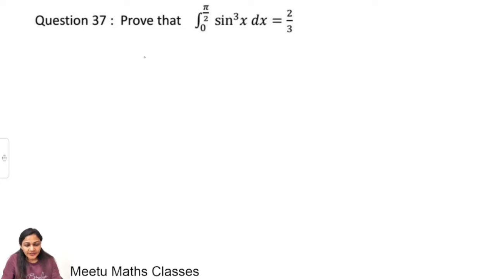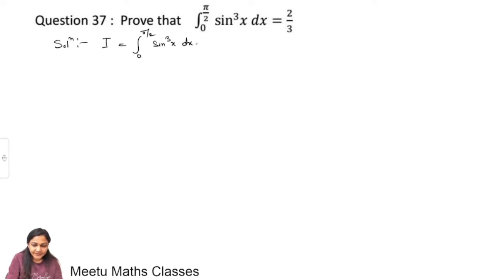Now your next question is question number 37, that is prove that integral 0 to pi by 2 sin cube x dx is 2 by 3. Now to solve this integral, let I be integral 0 to pi by 2 sin cube x dx. Now here we can do one thing.